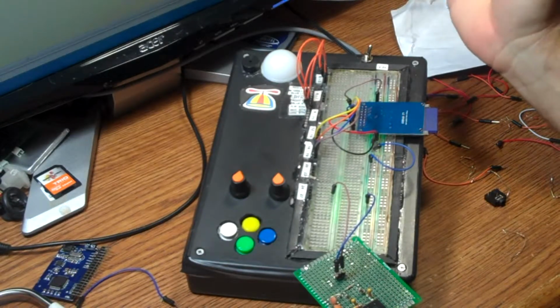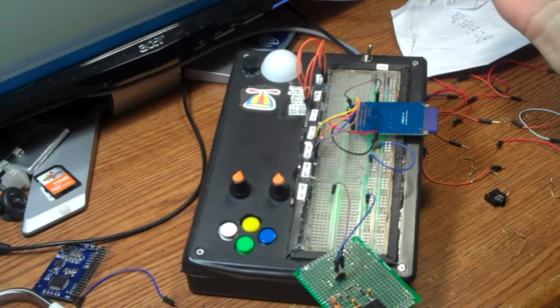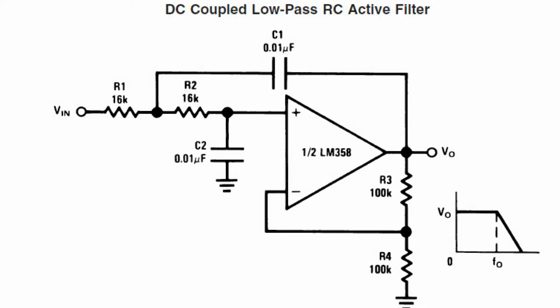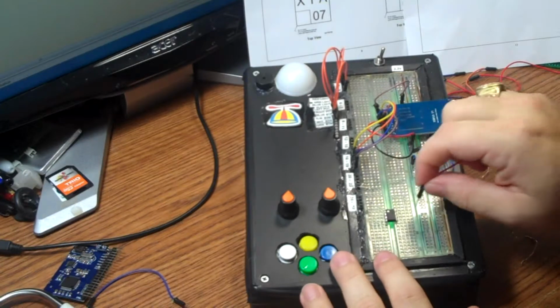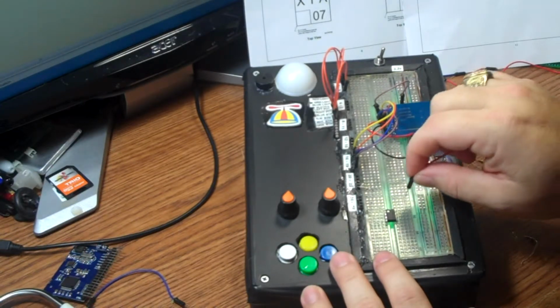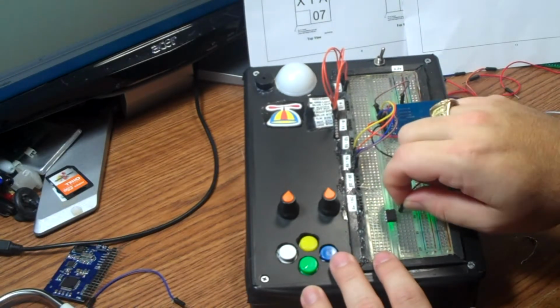So now the next step I tried was to make a low-pass filter with an op amp, the LM358, I believe it was. I guess we'll plug in the reference voltage first, which I believe is right at that pin.